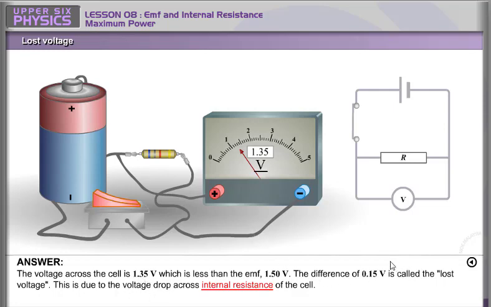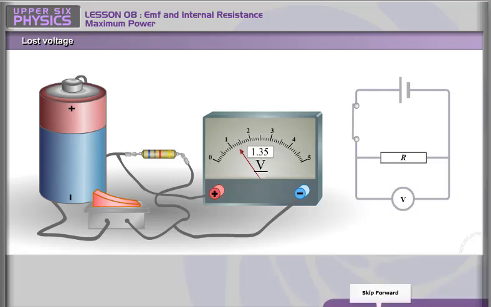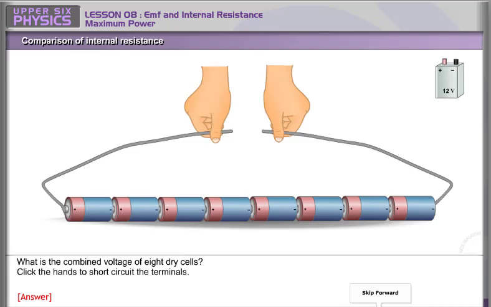There is a loss of 0.15 because the cell has to overcome the internal resistance, then only can the voltage be supplied outside. From now onwards we're going to use the internal resistance of a cell.